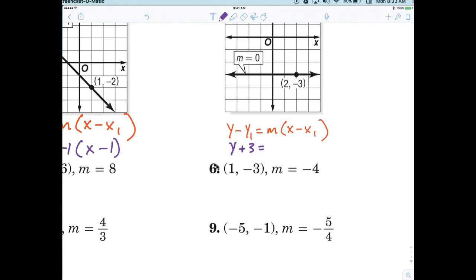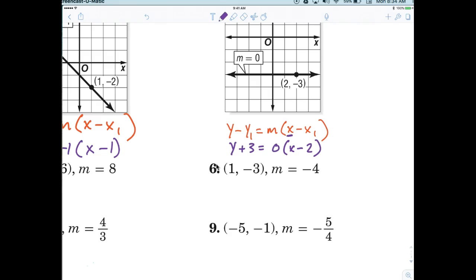What's m? Oh, 0. Keep going. 0 times x. Look right here, that's why we're following the equation. What stays with the x? Oh, x minus 2. And there you go. That's it. y plus 3 equals 0 times x minus 2. That's how simple it is. You're just plugging numbers into the formula.